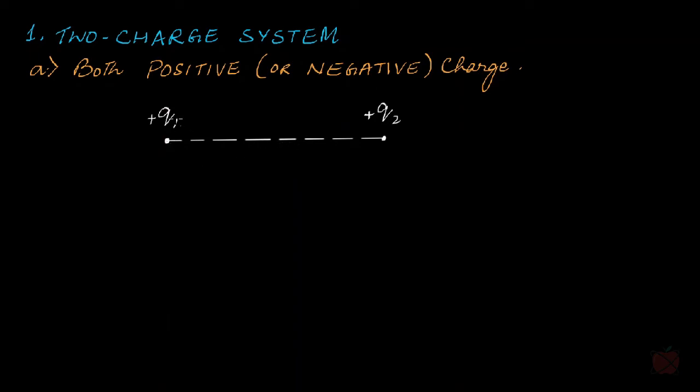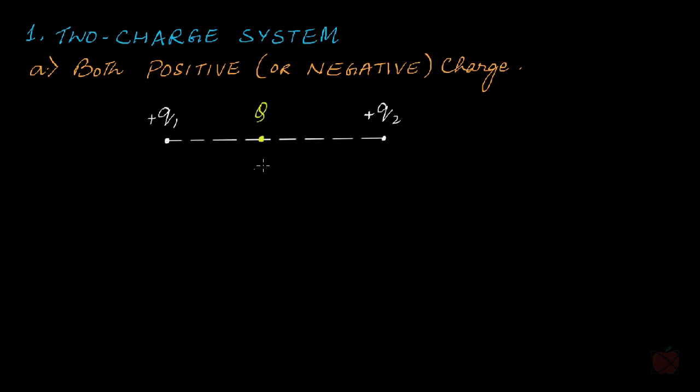So if you have a charge system where both the charges are of the same sign, then you have to take a third charge and put it somewhere in between them, along the line joining them. Let's say I put a third charge somewhere here, and that third charge is Q. Understand?